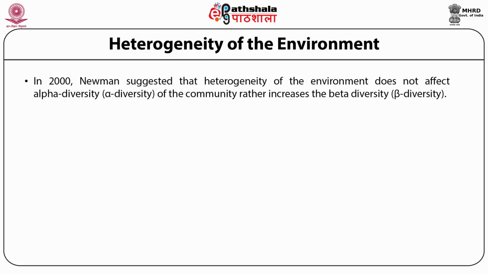3. Heterogeneity of the environment. In 2000, Newman suggested that heterogeneity of environment does not affect alpha diversity of the community, but rather increases the beta diversity.